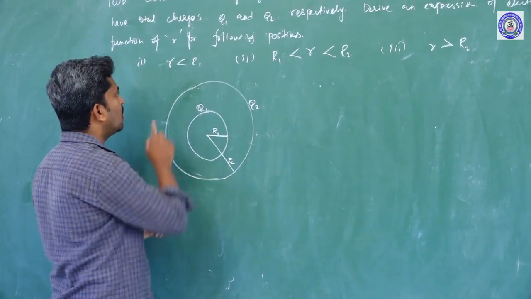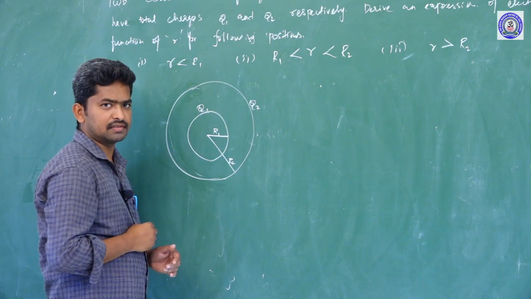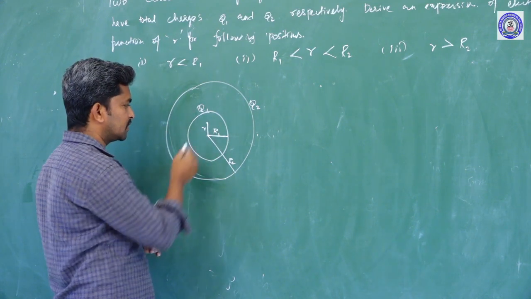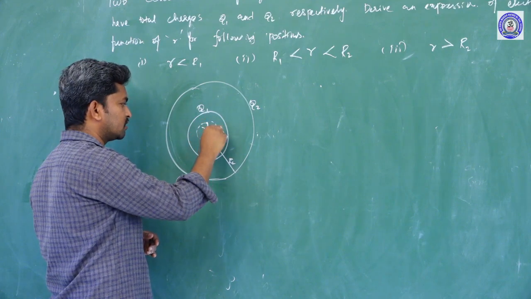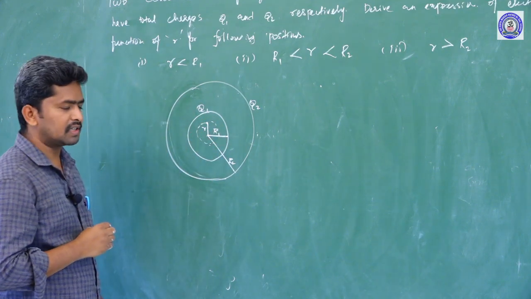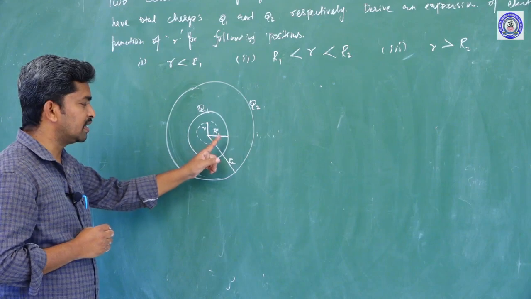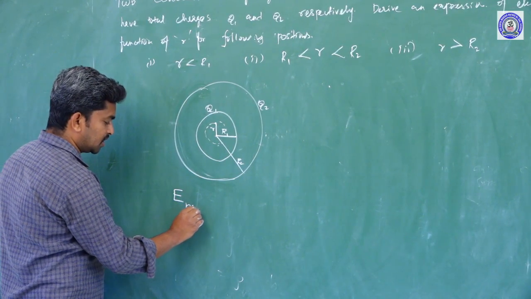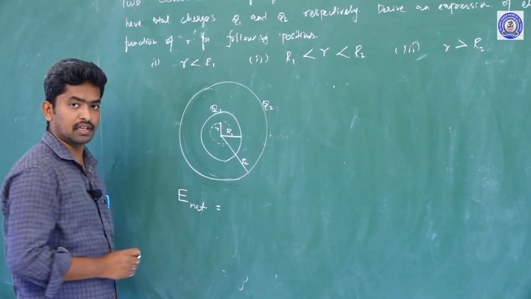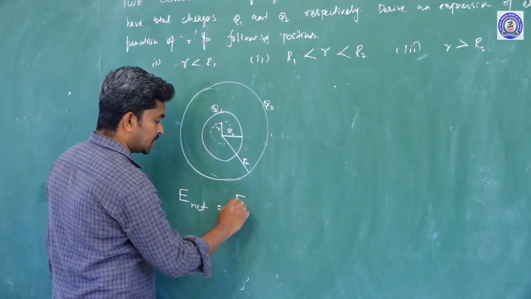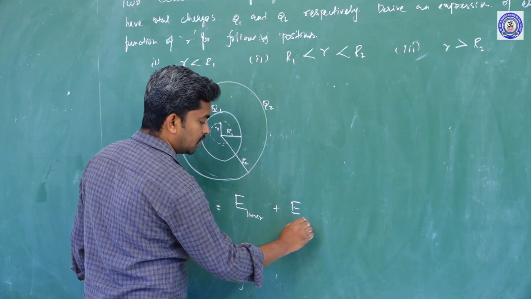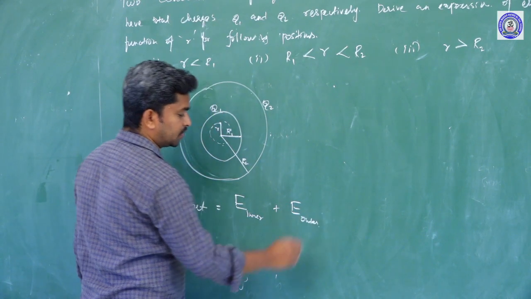For r less than r1, this is point P inside the Gaussian surface. I want to calculate the net electric field inside the inner sphere. The net electric field is equal to the electric field of the inner sphere plus the electric field of the outer sphere.